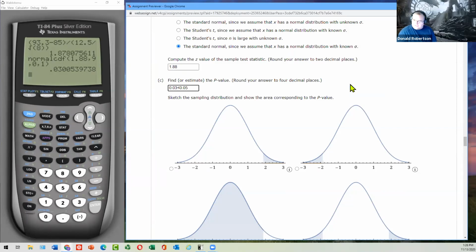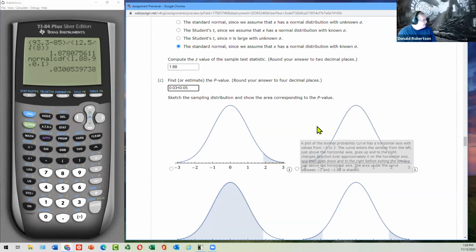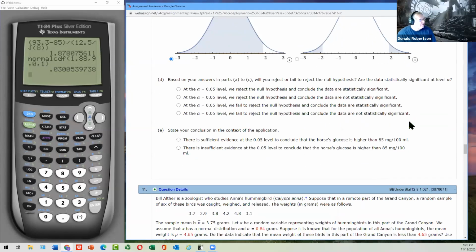And that means it's statistically significant. So we have 4 choices, but only 2 of them are statistically significant. And when it's statistically significant, you got that guy. Now, what does that mean? It means we have evidence to show that this horse's glucose is, in fact, like we thought it was, bigger than 85.